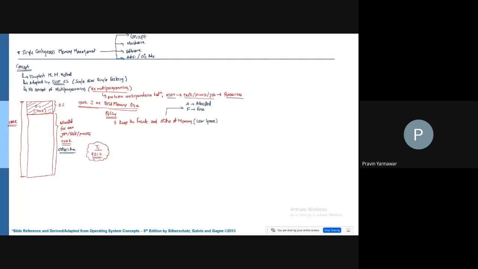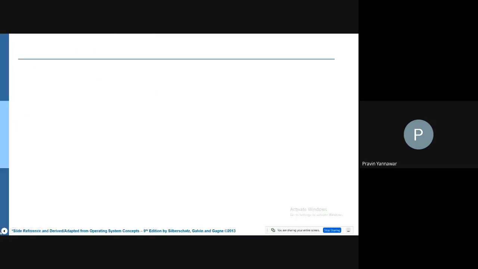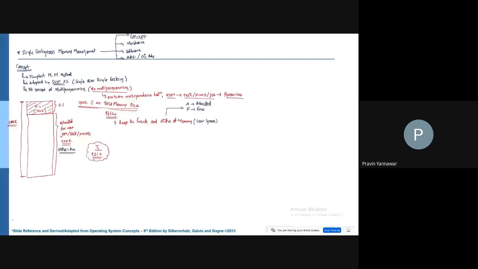Okay, then we need to think of the second point: if it is free, then how do we allocate it, right? If the status is free, then you need to decide a policy to allocate.